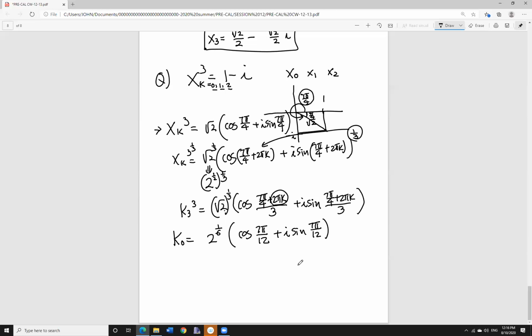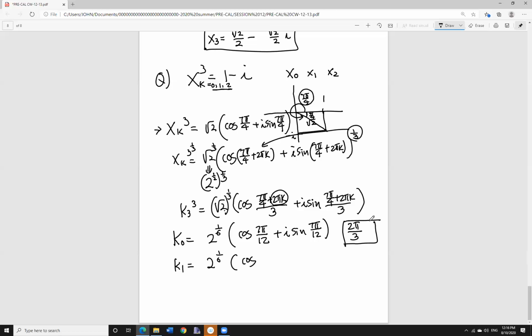Anyway, before we use a calculator, we're going to find all the other roots. We have 3. So k equals 1 is now how much? 2 to the 1/6 cosine, and the difference is 2 pi divided by 3, right?